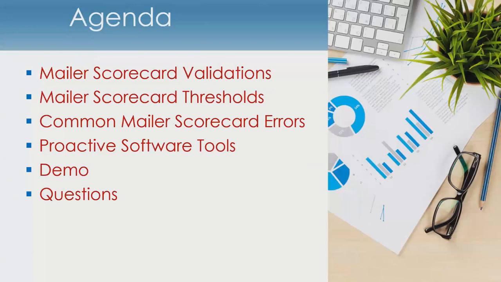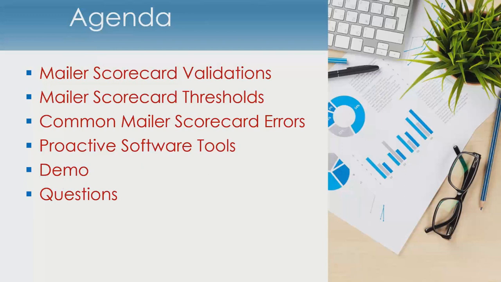So today we're going to be talking about improving your mailer scorecard data. We're going to be talking about some of the validations that Postal One performs and the error thresholds for those. And then we'll talk about some of the more common mailer scorecard errors and some of the best practices for using your mailer scorecard data.